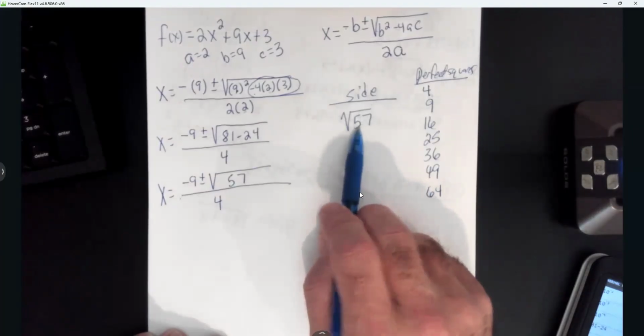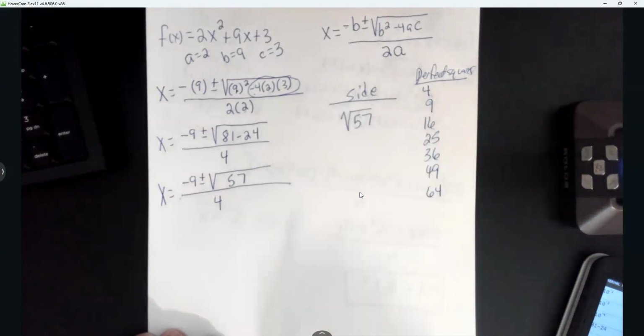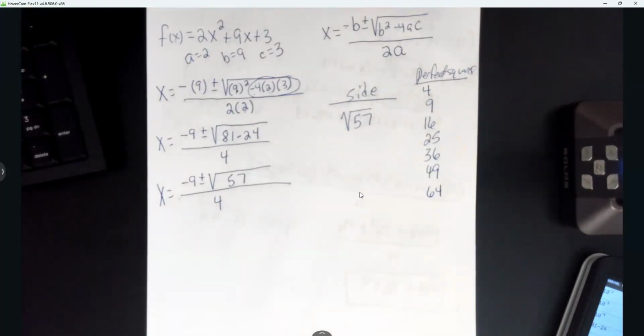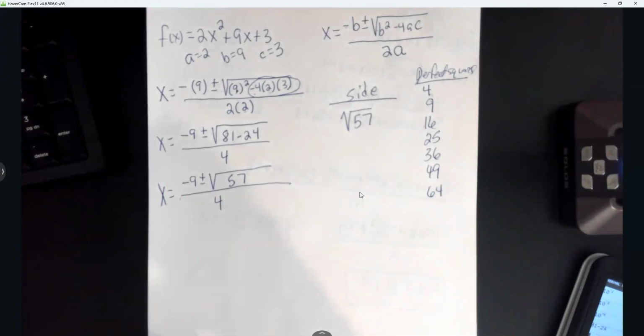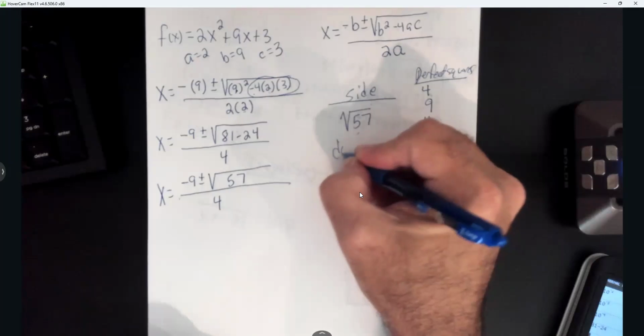Is 57 divisible by any of these numbers? Yes or no? So I know it's not going to be divisible by any of the even numbers. And Jessamine, good job. This one does not simplify.